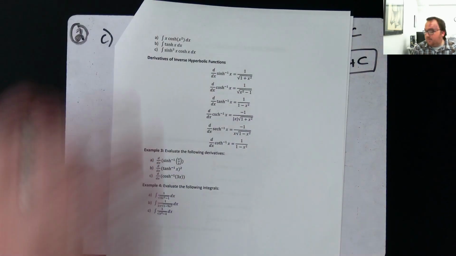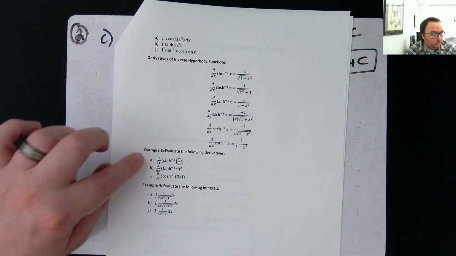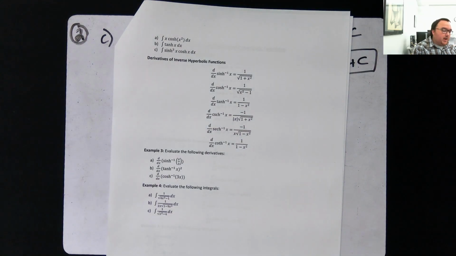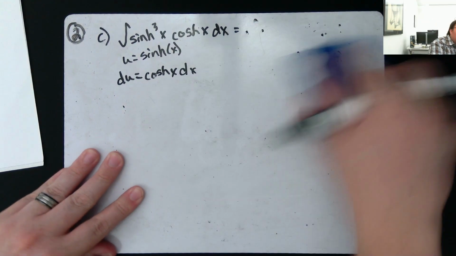So let's do these examples. Example number 3. A asks us to find the derivative of inverse hyperbolic sine of x over 3. So let's work on that.